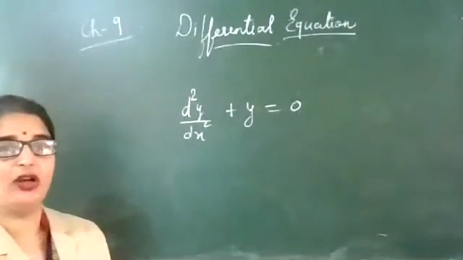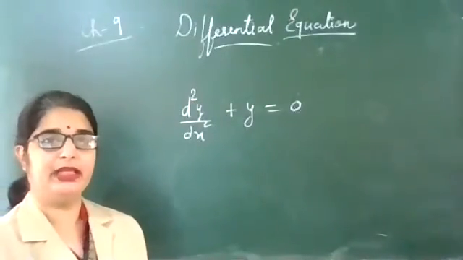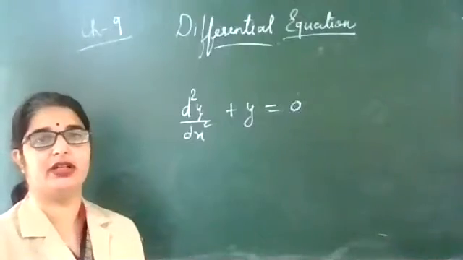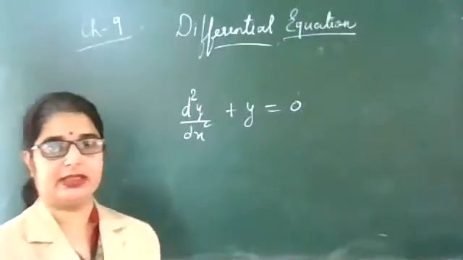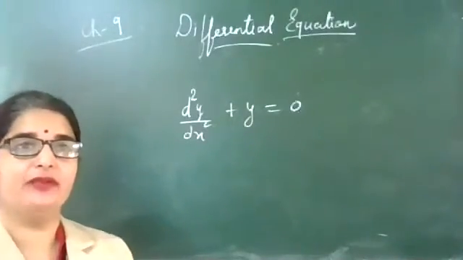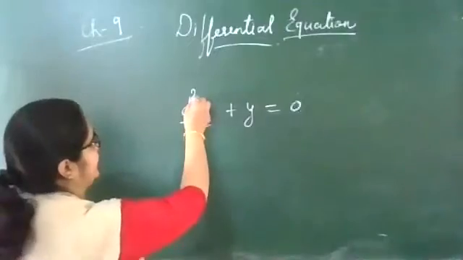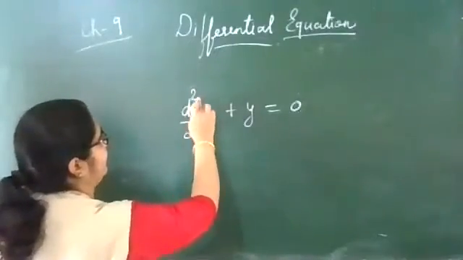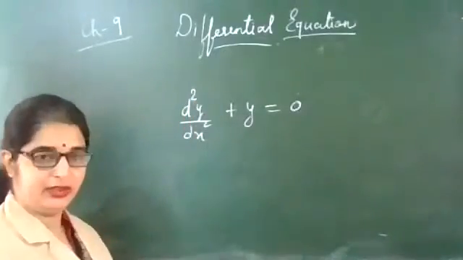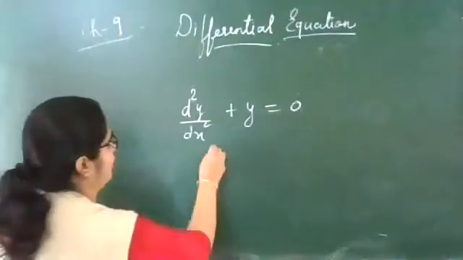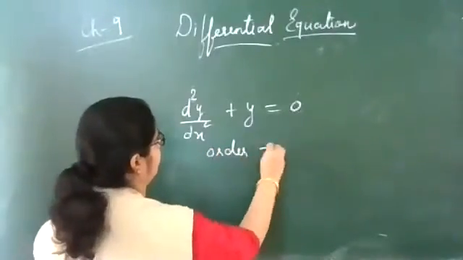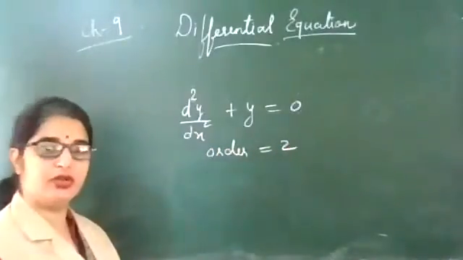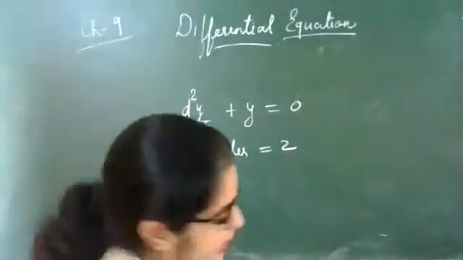What is the highest order derivative here? Anyone who can tell me? Here we have the double derivative, d square y by dx square. This is the highest order. So the order is equal to what?